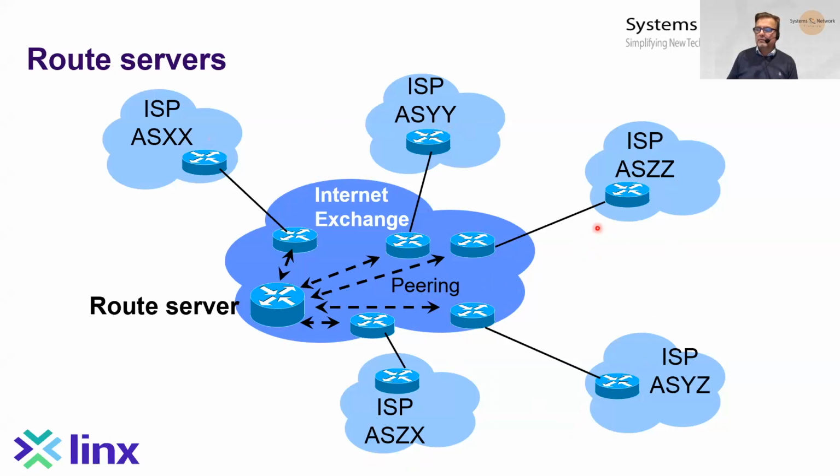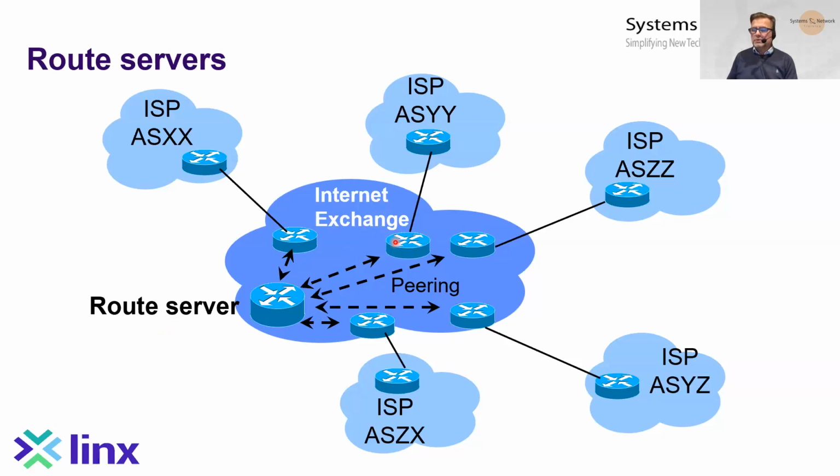I've drawn 5 service providers on here, and they each have an autonomous system number, one of those 100,000 that we talked about, and they interconnect via the switching infrastructure of the Internet Exchange, such as LINX provides. And this has become a growing trend over the last number of years, so that now people like LINX have hundreds of different service providers that interconnect via them.